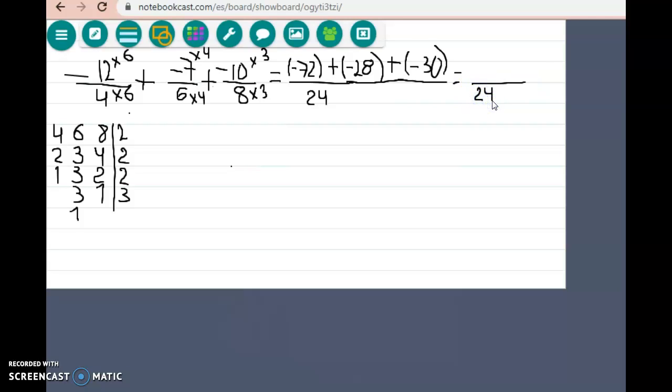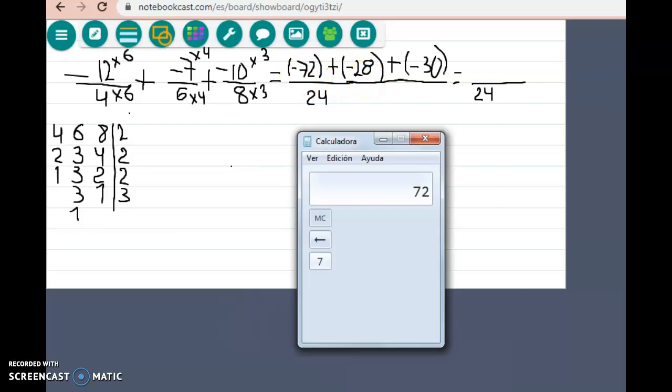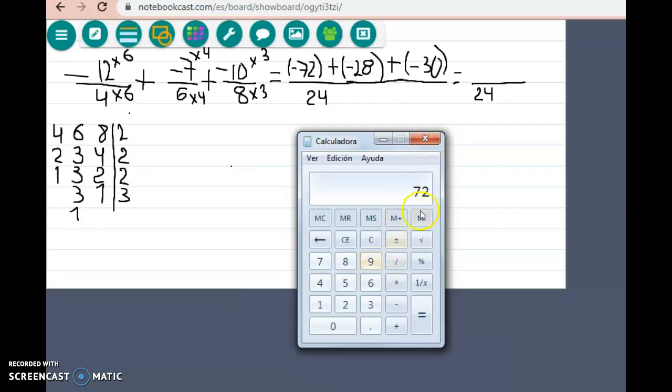So what we're going to do here, as you can see, all the numbers are negative. It means that we are going to add those negative numbers, okay? So we have negative 72 plus negative 28.